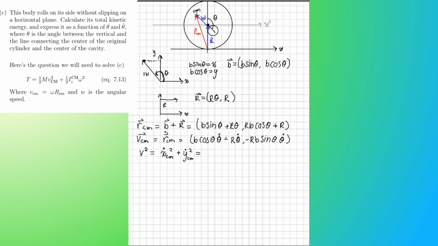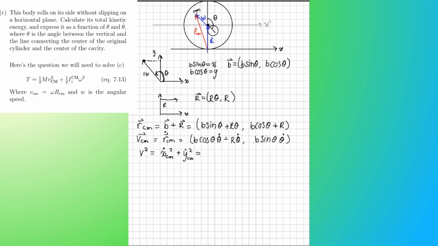There's an r here that is not good. There's no r here. I don't know where it came from. There shouldn't be any r, right? Because we're not multiplying them, we're just adding them. So this is b and b here. Okay, so like I was saying, when we square this, there's going to be cos square plus sine square adding together, which is just 1.